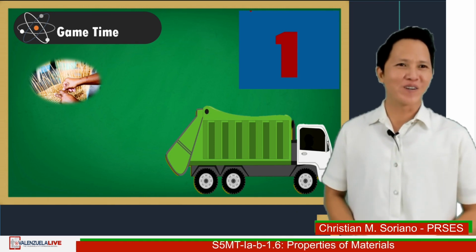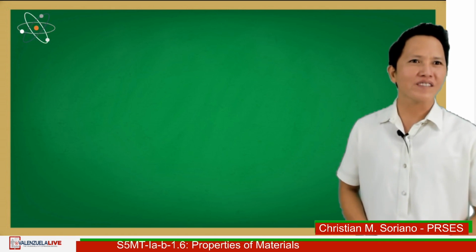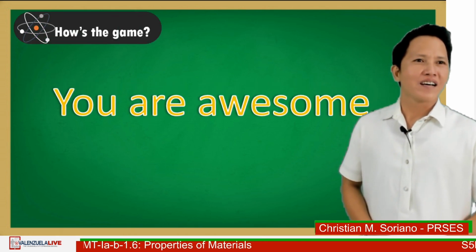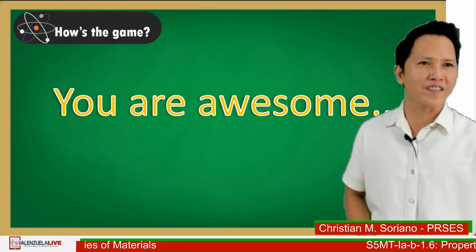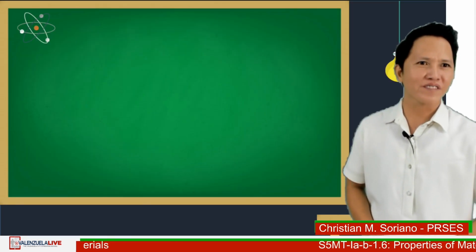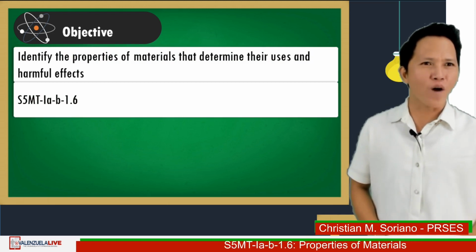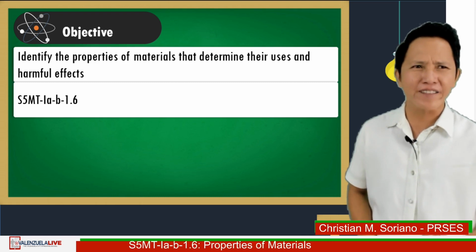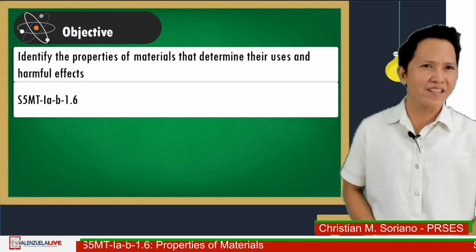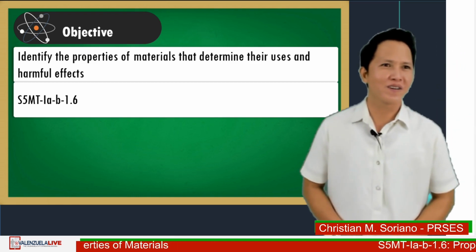I'm sure you do. Now, as we move along, our lesson this morning has a specific objective to accomplish. This time, I want you to identify the properties of materials that determine their uses and harmful effects. What should we do?